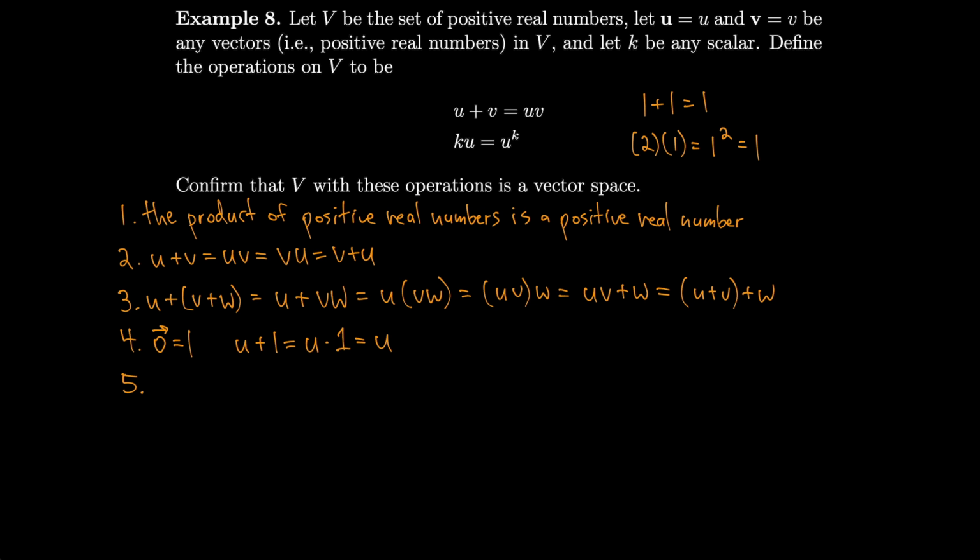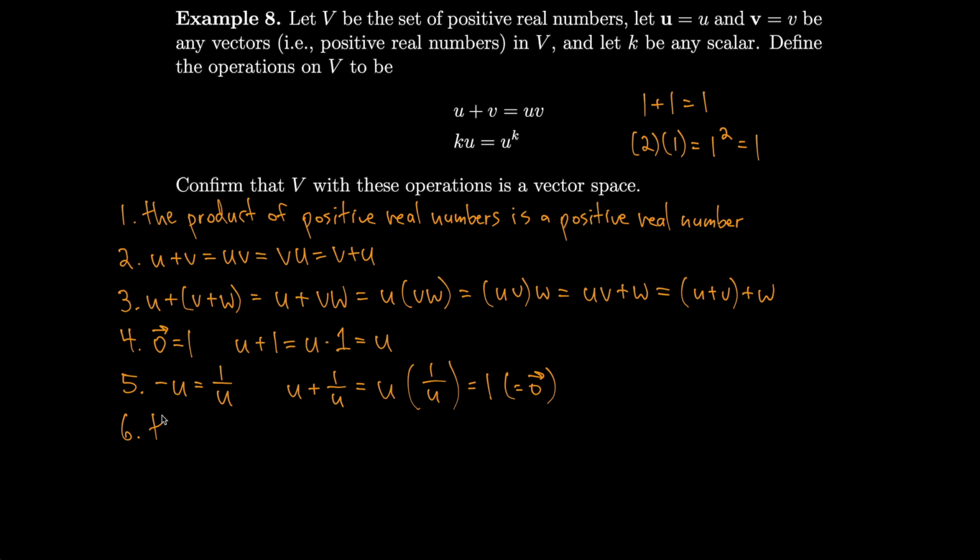So for minus u, the negative will have to be the multiplicative reciprocal, so we'll make that 1 over u. Notice then u plus 1 over u is going to be u times 1 over u, which is 1, which is good because remember 1 is the 0 vector. So u plus its negative will in fact be 0.